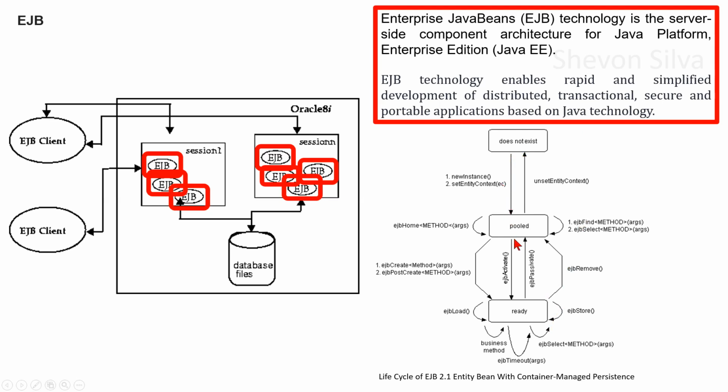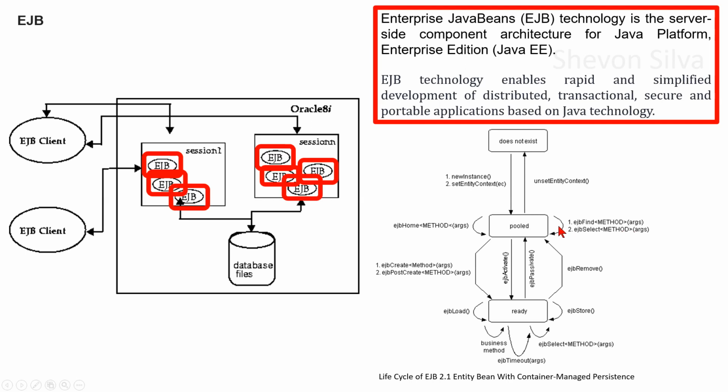The newInstance method is invoked and the setEntityContext method is invoked with the entity context argument, while in the pooled state, ejbHome, ejbFind, and ejbSelect methods may be invoked.